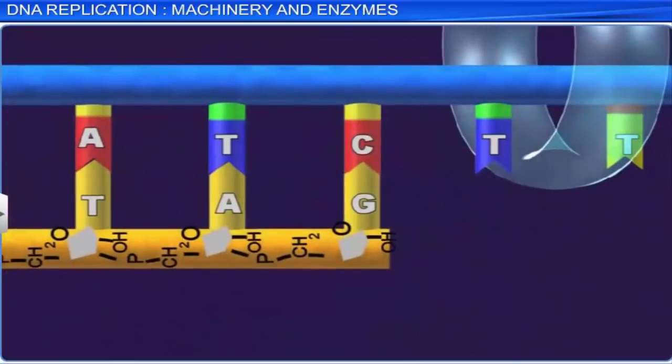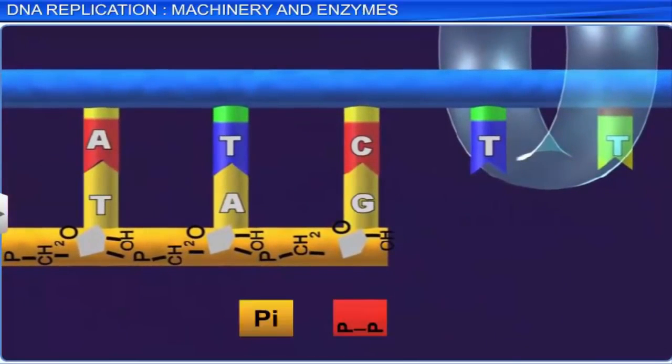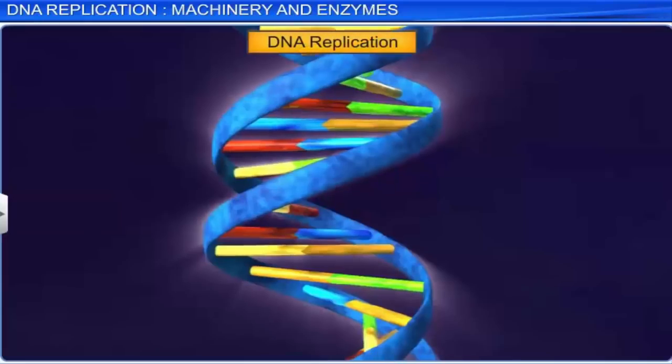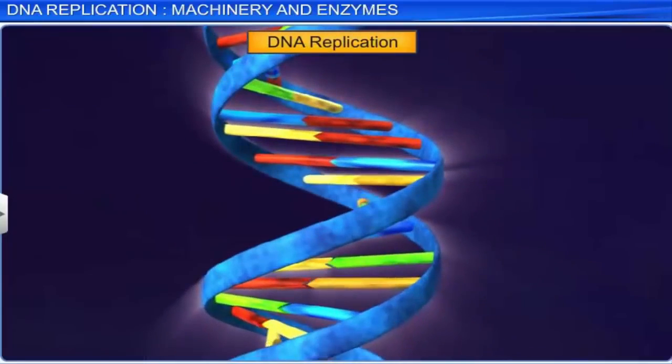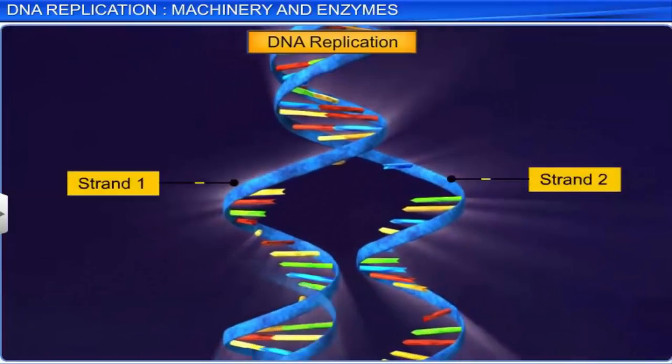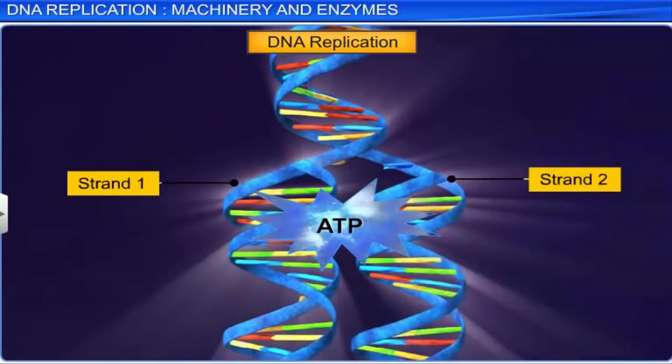The terminal phosphates in the deoxyribonucleoside triphosphates break down to provide energy, as ATP does. Due to the high energy requirement, two DNA strands do not always separate completely, especially in the case of long DNA molecules.